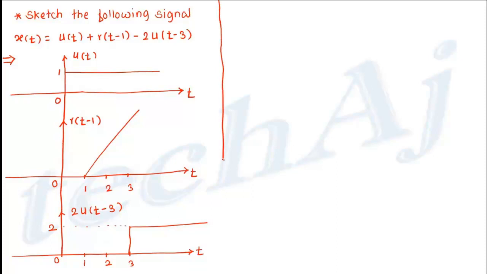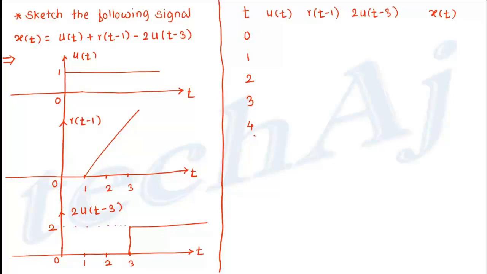Now to get the given signal x of t, let's prepare a table of amplitudes of these signals for some sample values of t. So let's take some sample values of t equal to 0, 1, 2, 3 and 4.